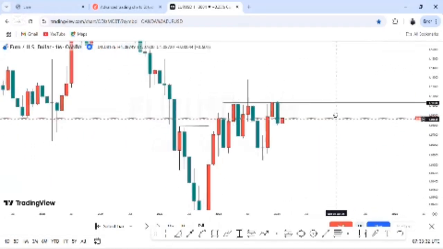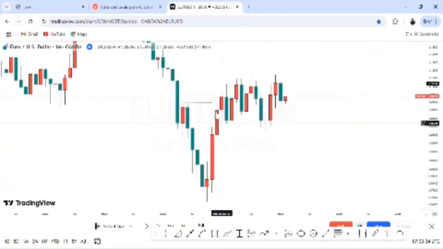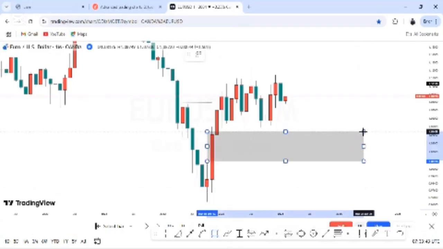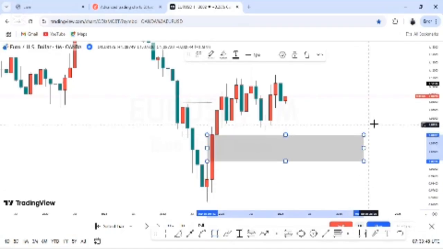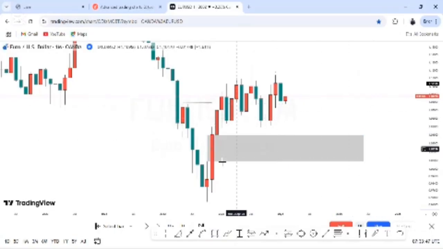But as we saw before this shift, the market needs to consume liquidity because there is this thing that we call an imbalance, the FVG. So there is a possibility of the market also coming here and taking either 50% of the FVG or this order block, as you see here.